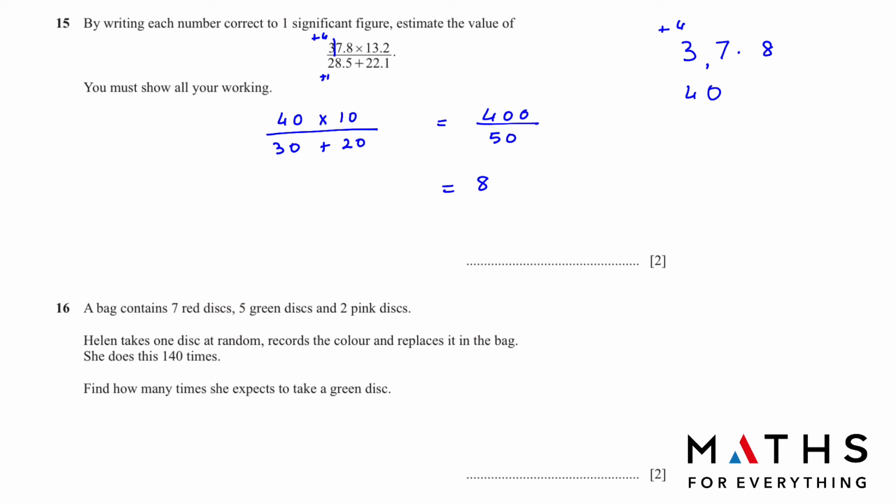How many green discs do we have? 5. Total, how many do we have? We have 7 red, 5 green, plus 2 pink. This will give us 5 over 14. And she does this 140 times. So multiply by 140. And the answer we will get is 50.